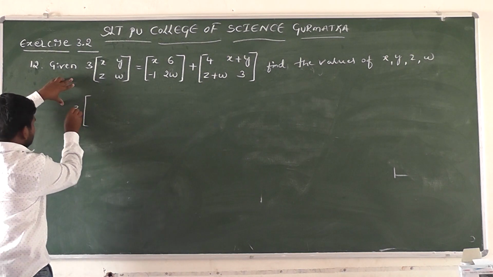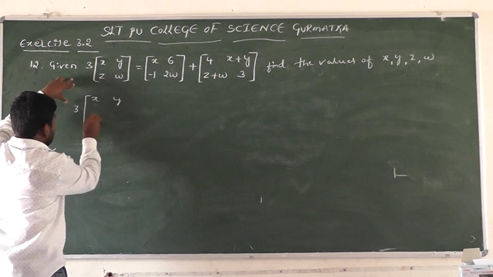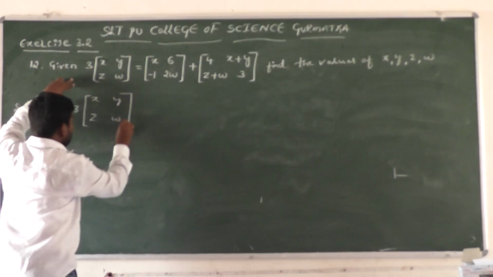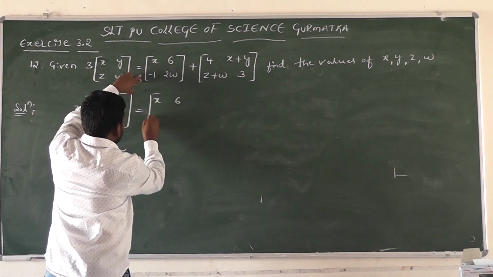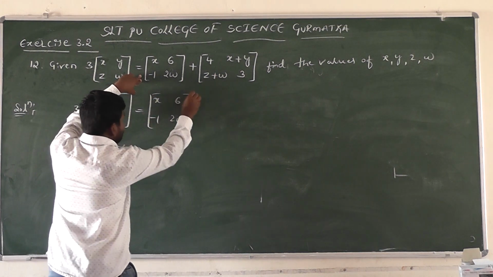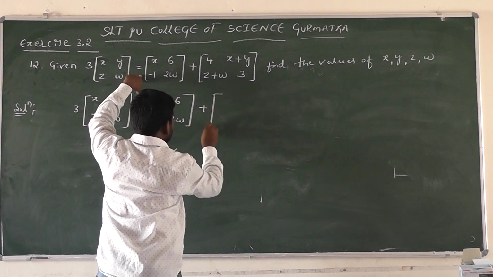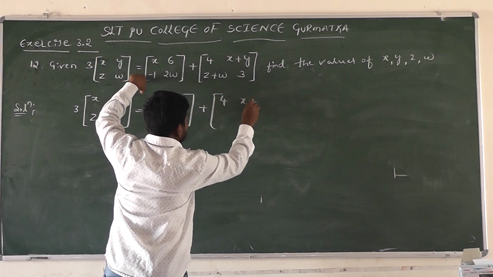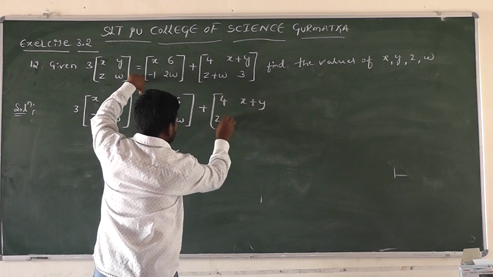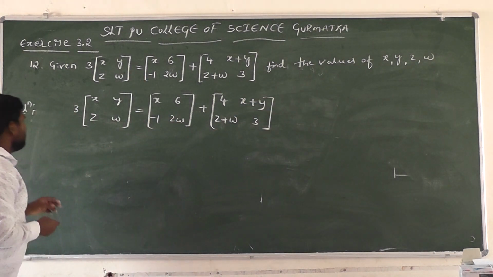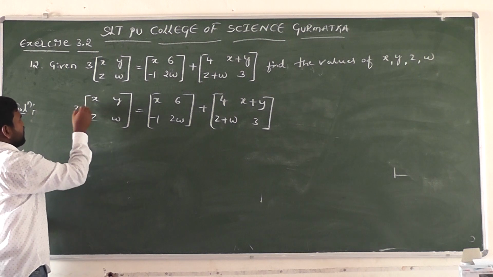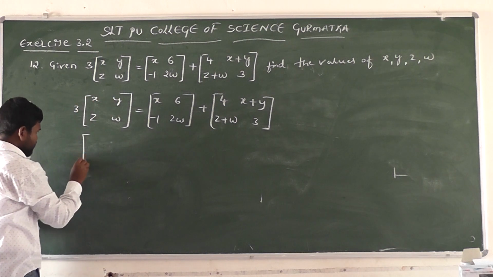So the question is 3 into [x, y; z, w] is equal to [x, 6; minus 1, 2w] plus [4, x plus y; z plus w, 3]. We have to multiply 3 into every element of the matrix, right?